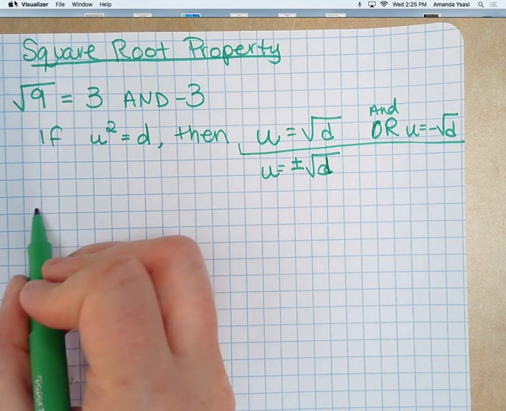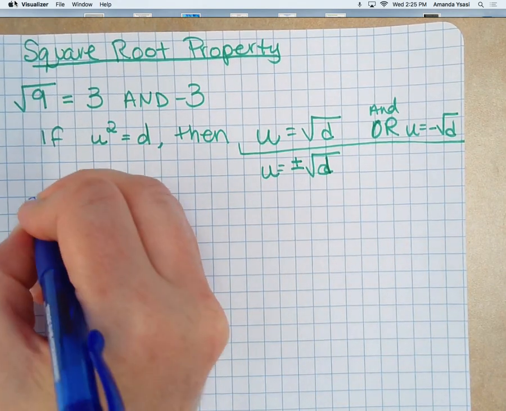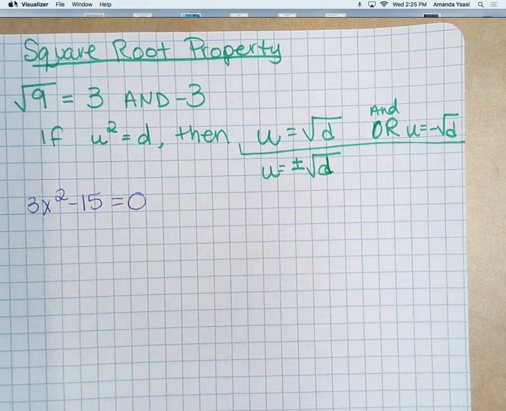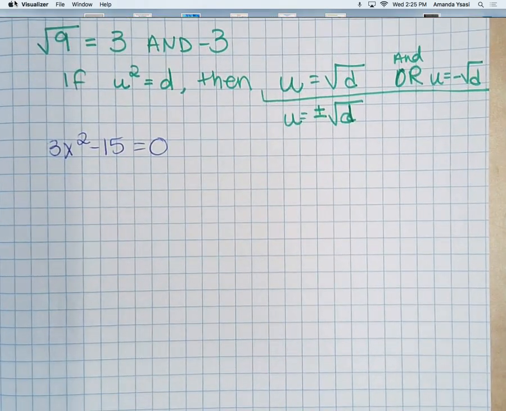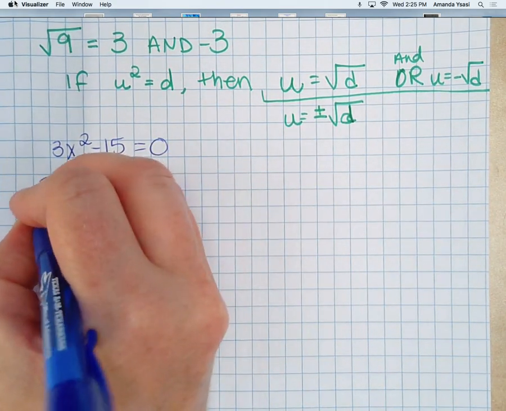All right, so let's do some examples of this. 3x squared minus 15 equals 0. So we could actually factor, couldn't we? What could we factor out of this? 3.